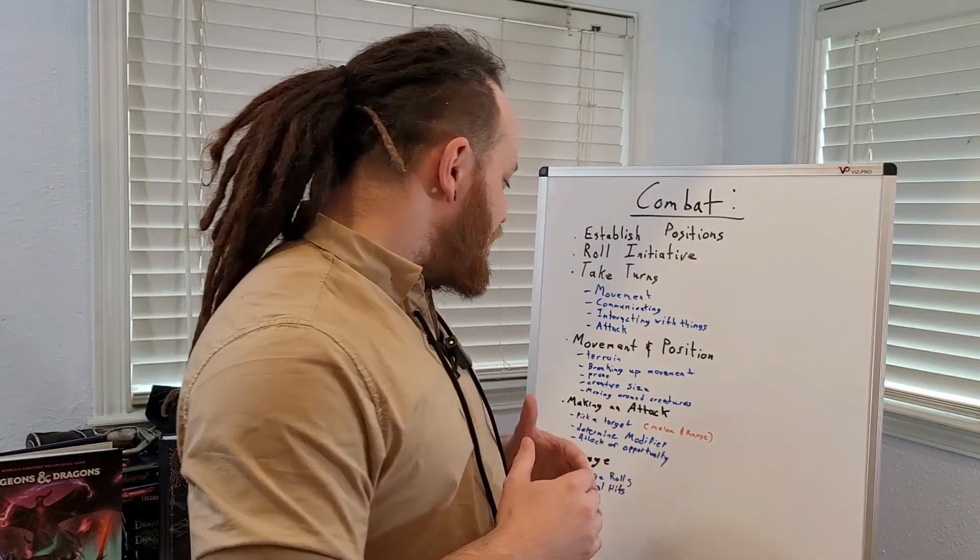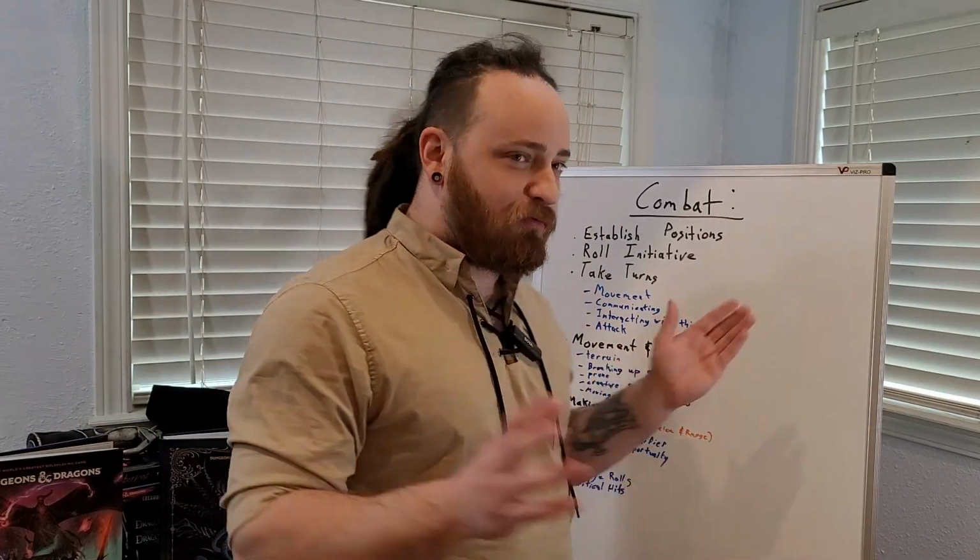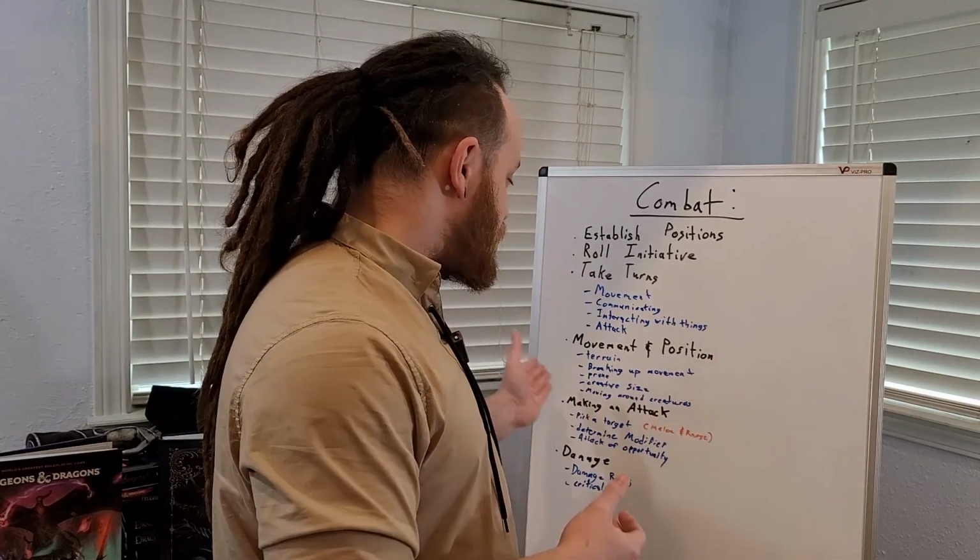I say attack with air quotes because you don't get to add any modifiers to it no matter what. It's just a second swing. If you hit, it's base rolls across the board. It's fine, it's whatever. There's a lot of things that go into attacking that make it complicated, but we're going to touch on that a little bit later. It's a little bit further down on the board, but it's part of the turn, so there it is.